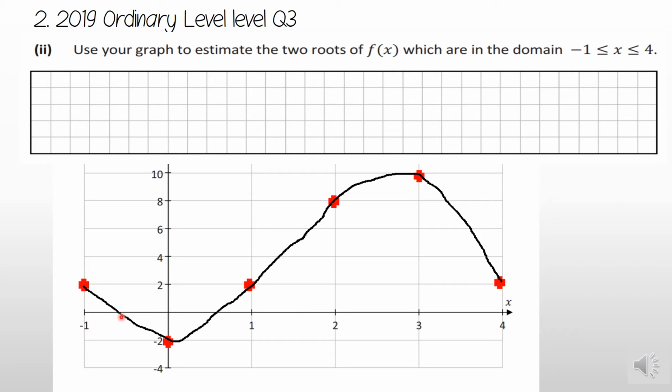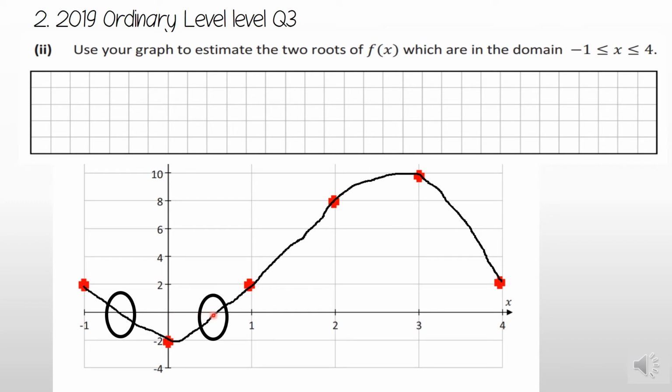So here, if I'm to estimate, you have that one and this one. If I'm to estimate what that point is here, it's between 0 and 1. An estimation, again, is anything that is reasonable. It doesn't have to be accurate, we're estimating. So we know that our estimate should be between 0 and 1, and it's a little bit over 0.5.